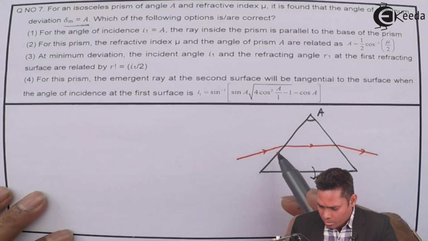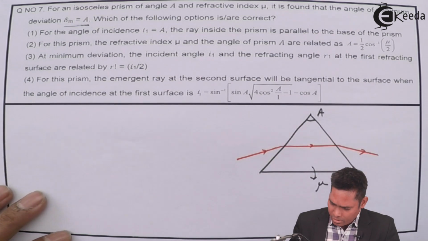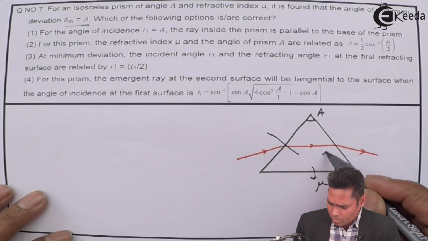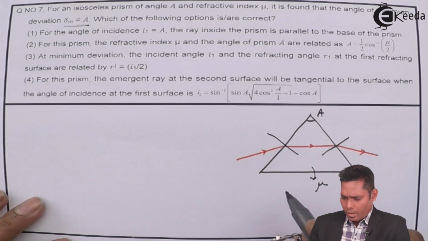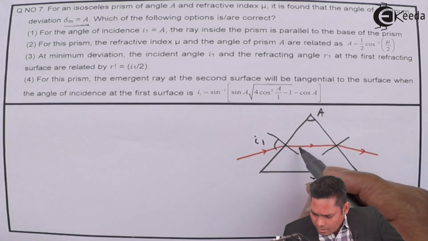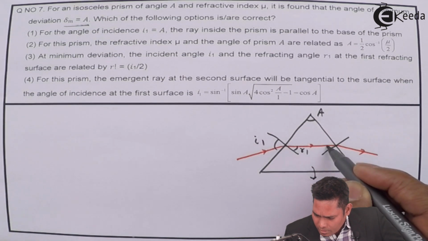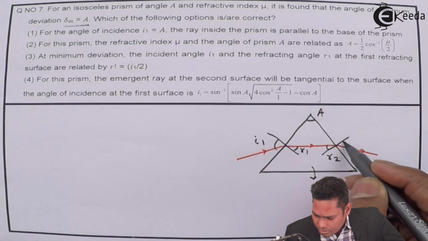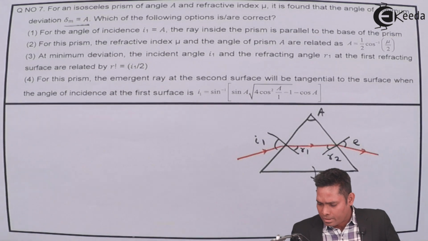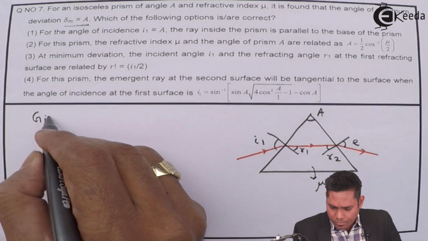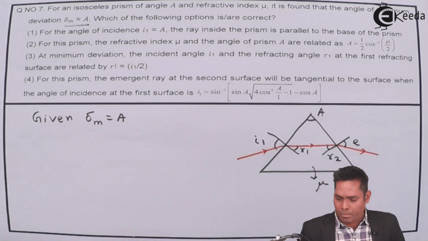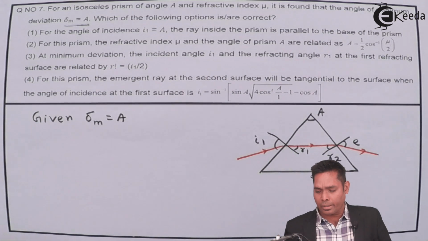This is how the ray goes, and this is the normal to this face, and this is the normal to this face, and this angle is I1, this angle is R1, this is R2, and this is your E. It is given that delta m, that is the angle of minimum deviation, is equal to the angle of the prism.